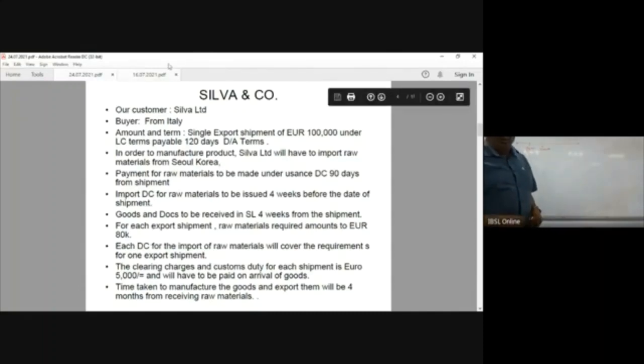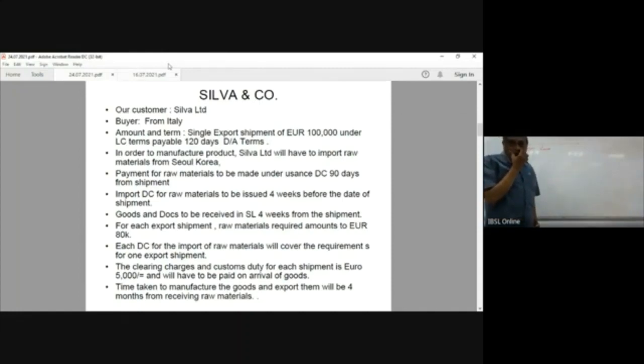And you have to open the import LC for raw materials 4 weeks before the date of shipment. The date of shipment is this, and you have to open the LC 4 weeks before the shipment.